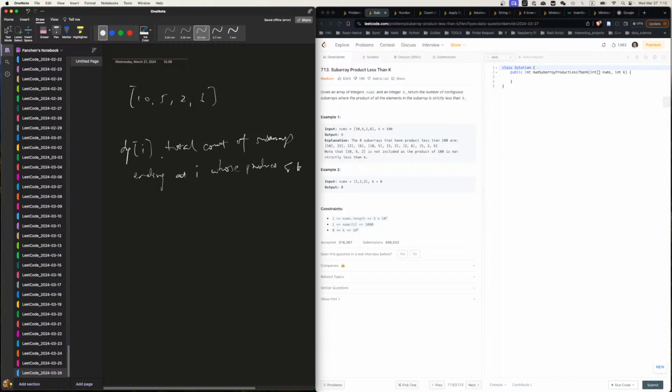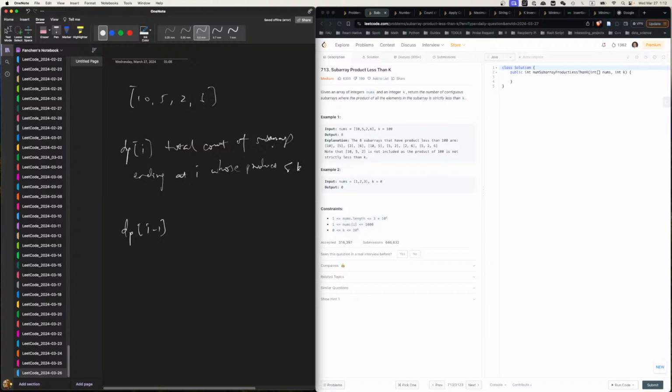So I need to check DP[i]. I need to know ending at i, right? So we need to check DP[i-1], which is ending at the previous one. I know how many are smaller, but that doesn't help me with DP[i], right?